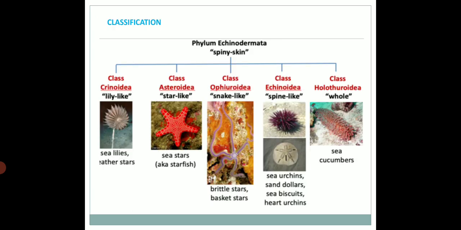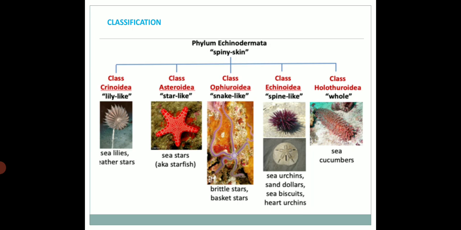So coming to the next part, that is the classification. Phylum Echinodermata has been divided into 5 different classes: first, class Crinoidea; second, Asteroidea; third, Ophiuroidea; class Echinoidea; and class Holothuridia.